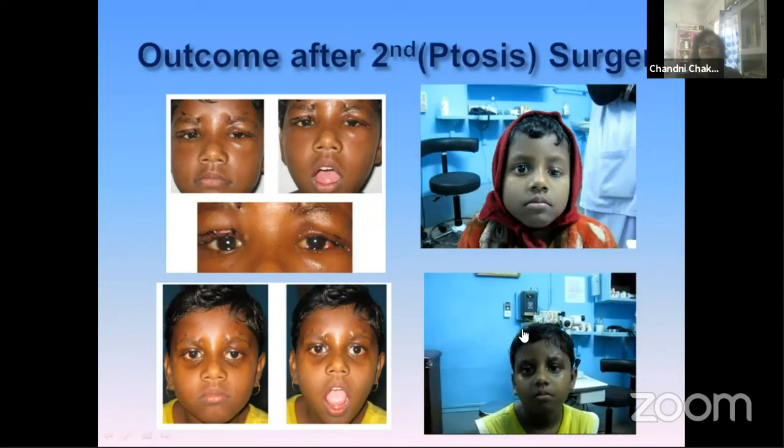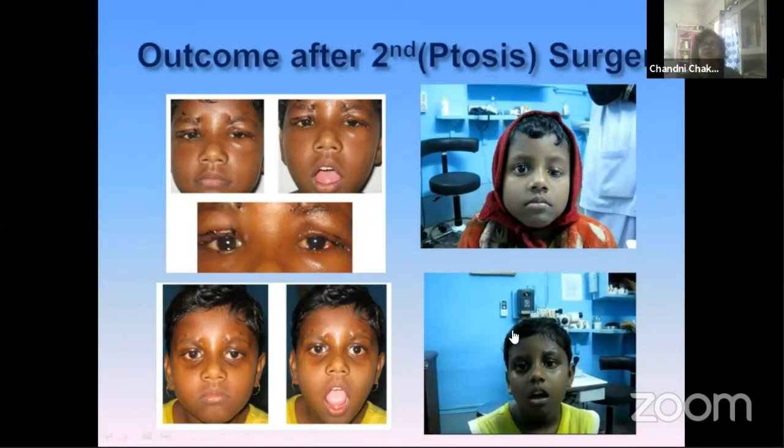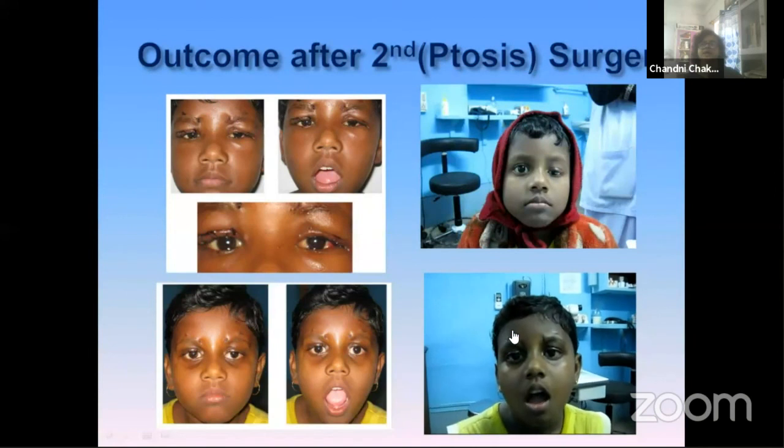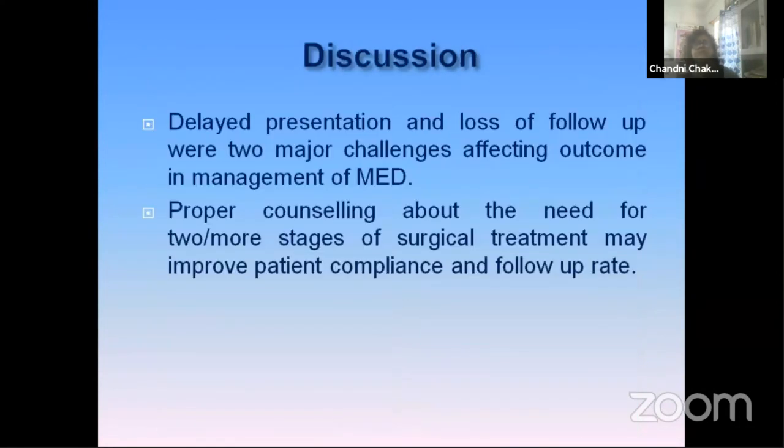After the ptosis surgery, jaw winking was very nicely corrected. The surgery for the ptosis was done bilateral levator LPS disinsertion with bilateral frontalis sling surgery. This was the classical surgery.